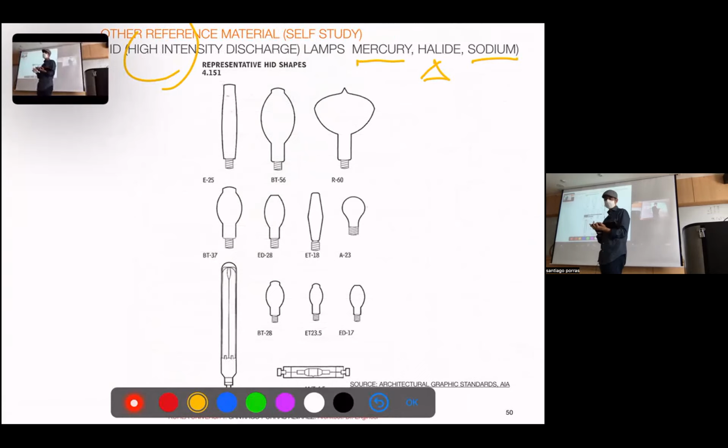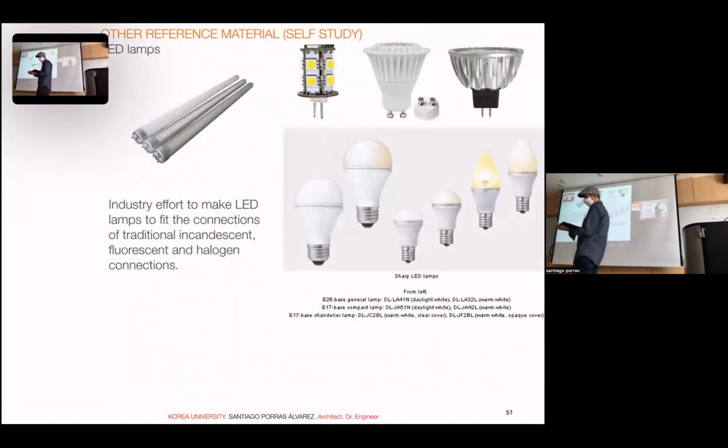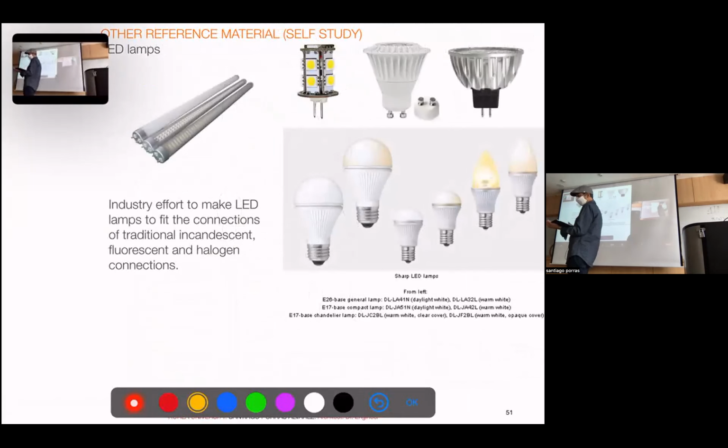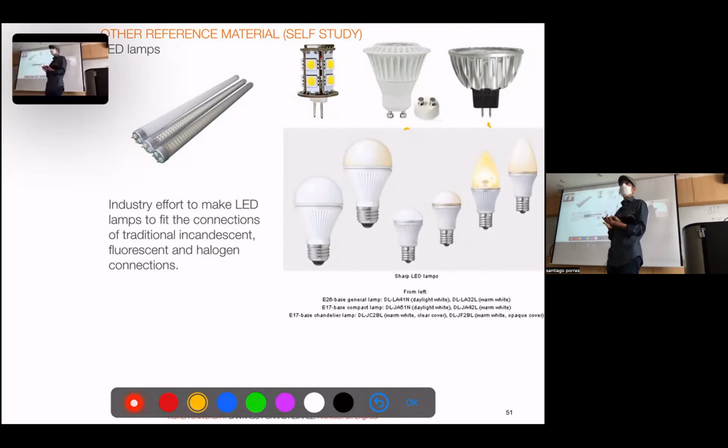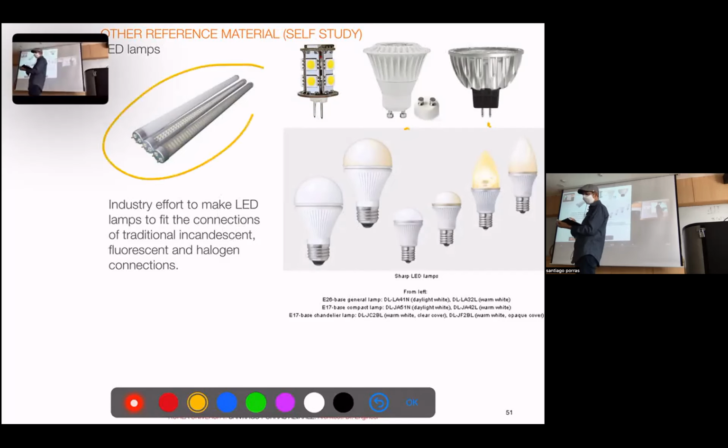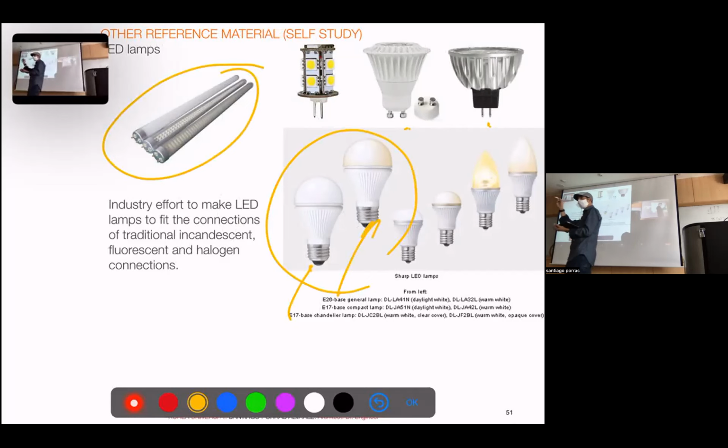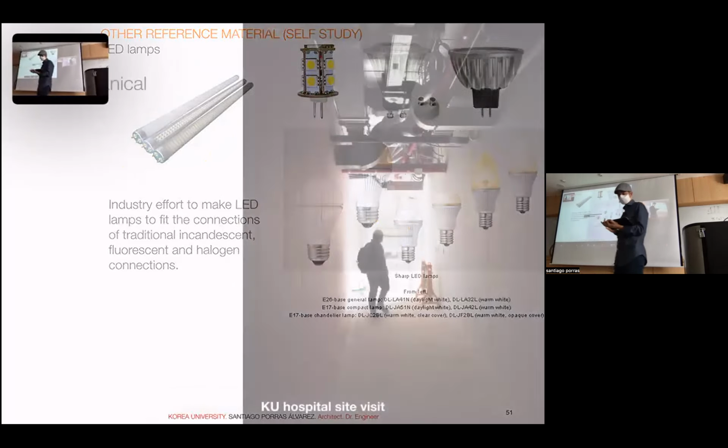This is mostly for street or industry, airports, warehouses, and that. And for LED, we don't have so many standard names. Right? It's a developing market. It's not totally normalized, but we already are familiar with how they look. What is interesting is many of the lamps are designed in a way that they can fit the luminaires of fluorescent and incandescent, although they are LED, right?